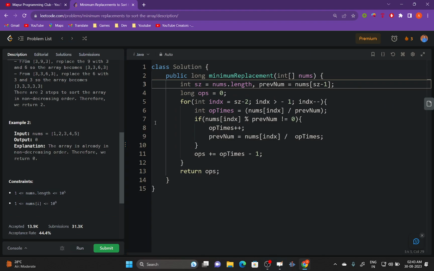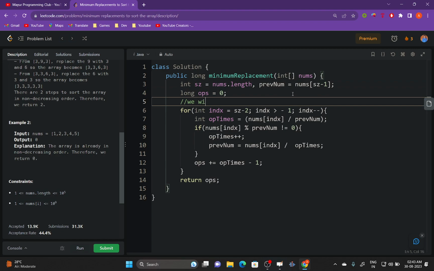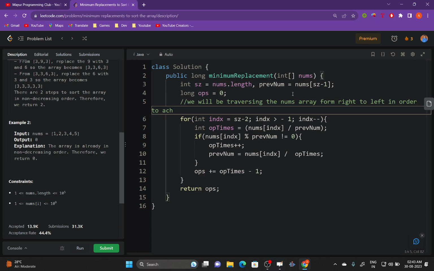We will be traversing the nums array from right to left in order to achieve linear time complexity without much trouble.